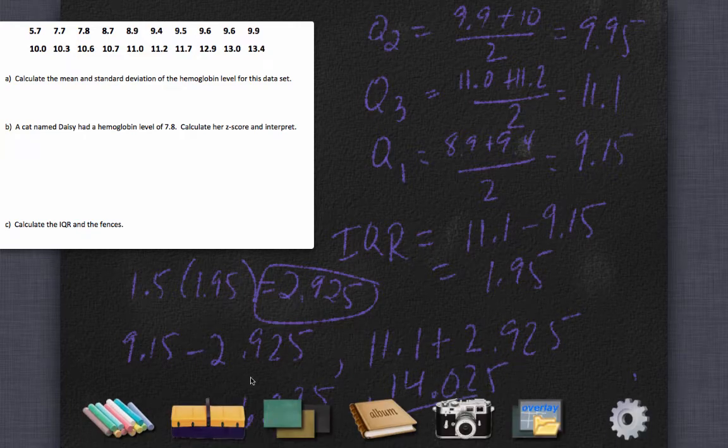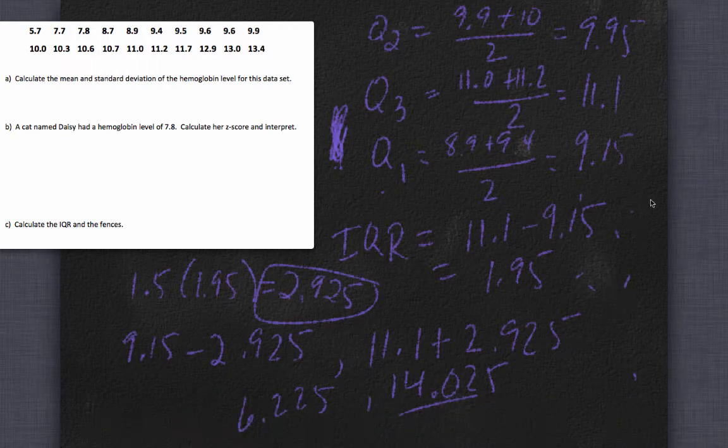So these are our fences. Okay, so those are our fences, 6.225 and 14.025. And the IQR is 1.95.